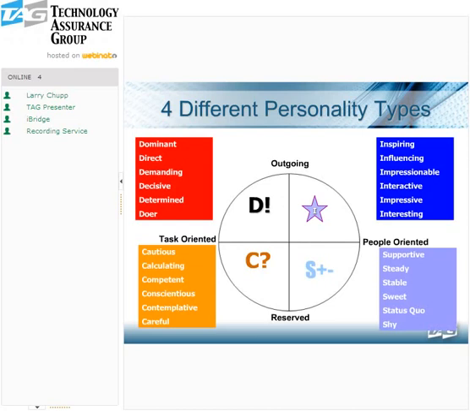I don't think we had a whole lot of S's in our class, except for maybe Tessa, who sat almost directly across from you. She was with Susan from over in, I can't remember where their office is now. She was pretty quiet, but she was probably about the only S that we had in that class.